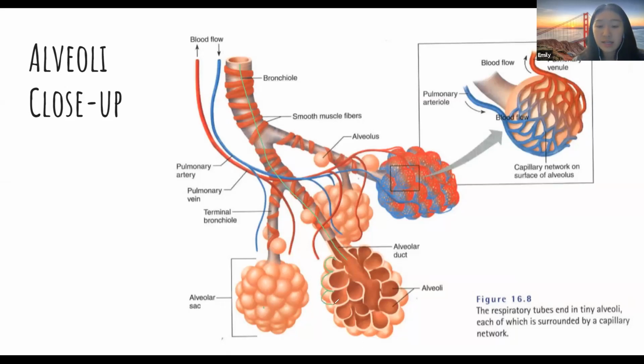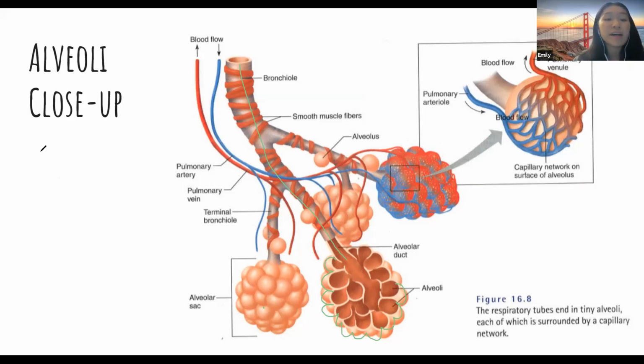These sacs of air, these alveoli, you can see their shape, very ball-like. They look like grapes, in my opinion, like a bunch of grapes or a blackberry, but they're essentially really, really small air sacs. And this is where the gas exchange actually occurs. So you'll see here, all of these alveoli are covered in a lot of capillaries, or these really, really tiny blood vessels.